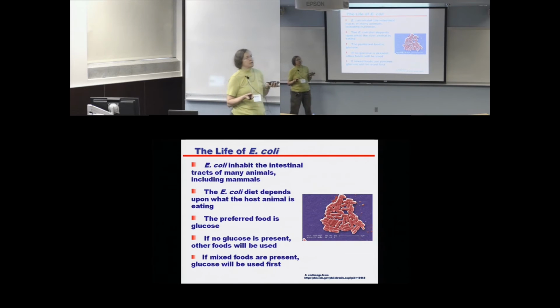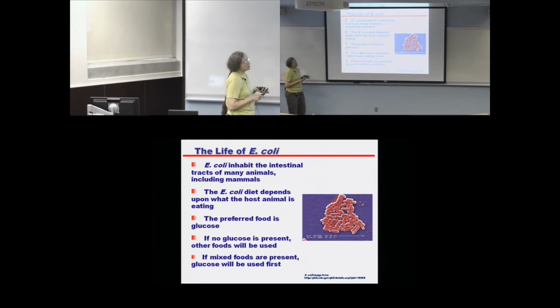Like all organisms, though, if they had a choice, if they could choose, they would choose glucose. And they do. If they have a mixed diet, if you will, they'll choose glucose. But they're only going to get glucose if we're eating something that contains glucose. And if we're not, then they need to be flexible. They need to be able to use whatever we're presenting them with.